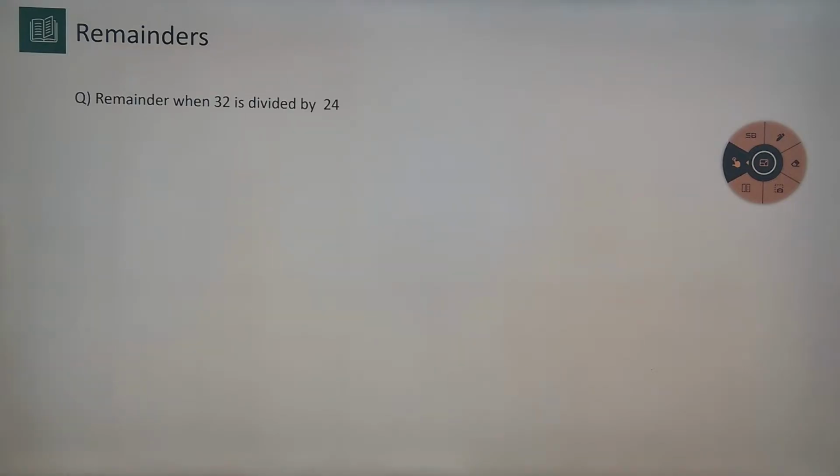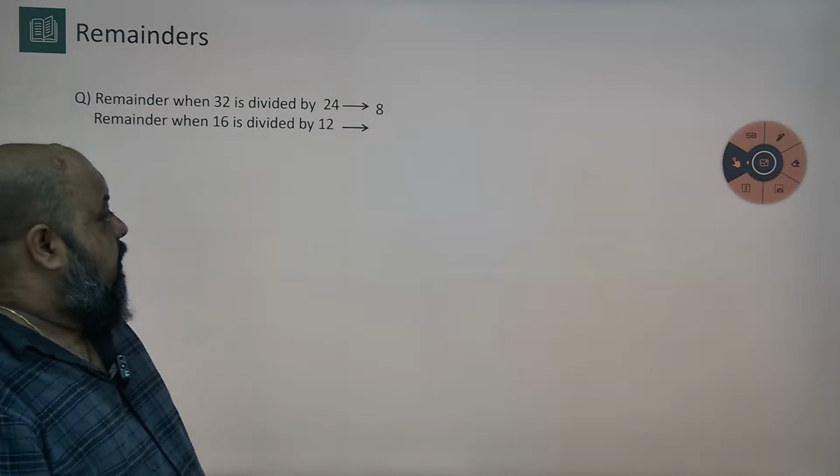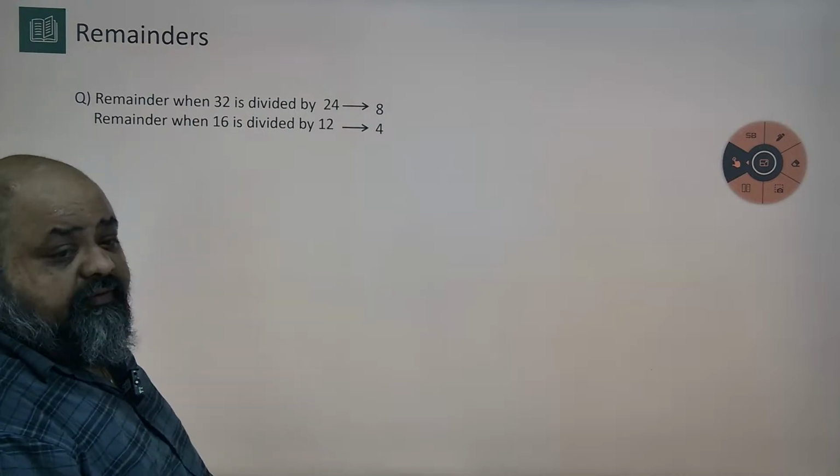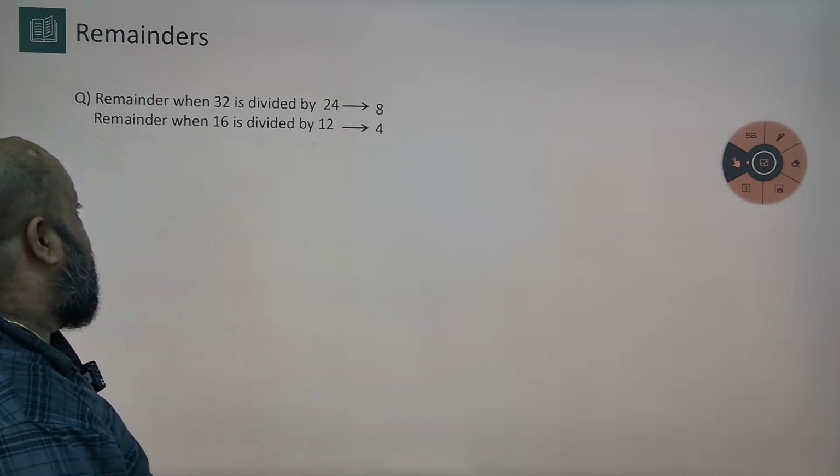Now the third type of question. तो इसके लिए एक basic rule समझना जरूरी है. See, what is the remainder if 32 is divided by 24. Remainder आएगा 8. 32 और 24 दोनों को 2 से डिवाइड कर दो. Remainder when 16 is divided by 12, remainder आएगा 4. दोनों को फिर 2 से डिवाइड कर दो.